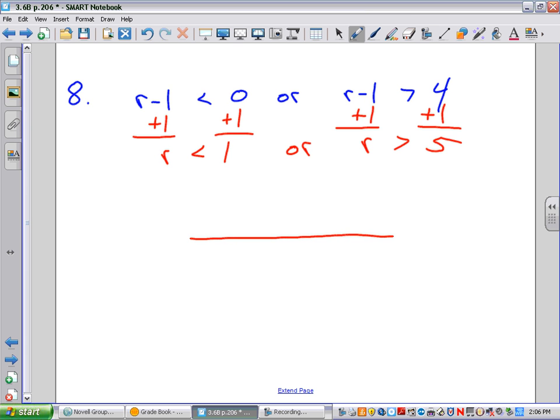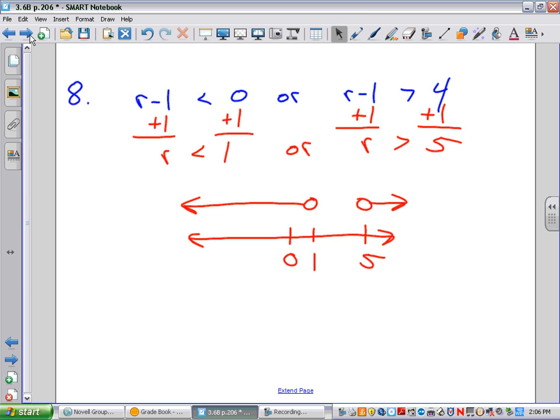Let's graph it. Number line, 0. The first one would be 1, open circle, it's less than, and then 5, open circle, greater than. And you're done. You've solved it, and you've graphed it.